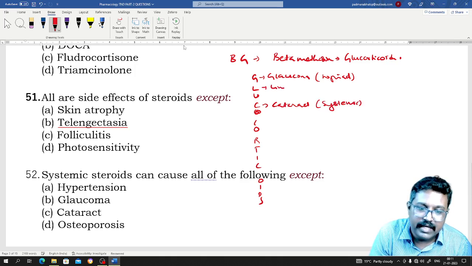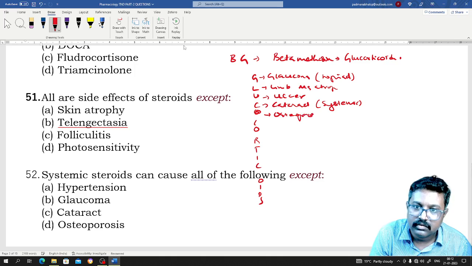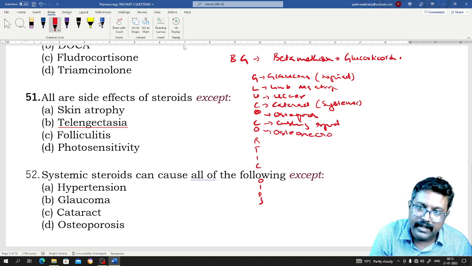It can cause limb muscle atrophy. It can cause ulcers, peptic ulcers. It can cause osteoporosis. It can lead to Cushing's syndrome. It can lead to osteonecrosis, that is avascular necrosis of the bone.